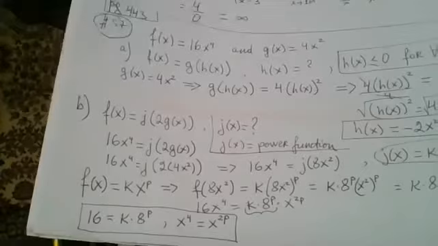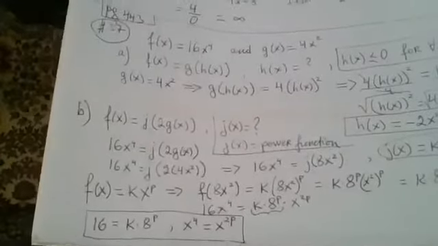Let's first find that p value, because the second piece is easier: x to the 4 equals x to the 2p. The other one has k as an unknown, and it has p. So I'm going to use the second part. I don't have enough space, so I will squeeze a little bit. If it is too squeezed, tell me.